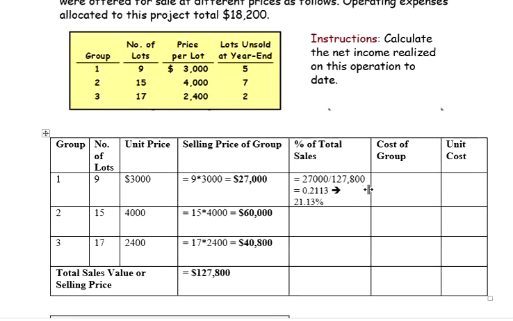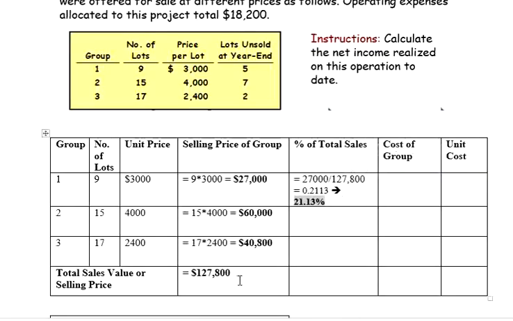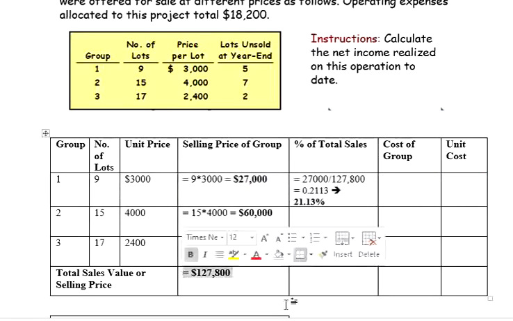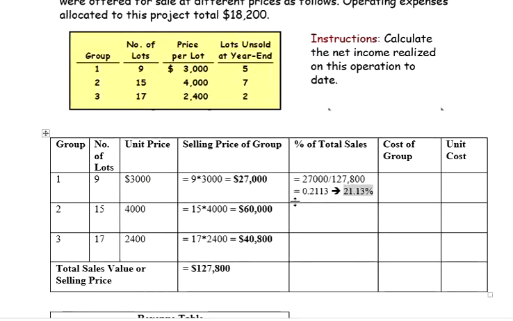It means, ladies and gentlemen, that group number 1 is 21.13% of the total revenues of the company. So we got a relationship of group number 1 with the total revenues. The relationship is 21.13%. Likewise, I will find the relationship for the second group also. But remember this thing, ladies and gentlemen, I'm using values rounded to 4 decimals.